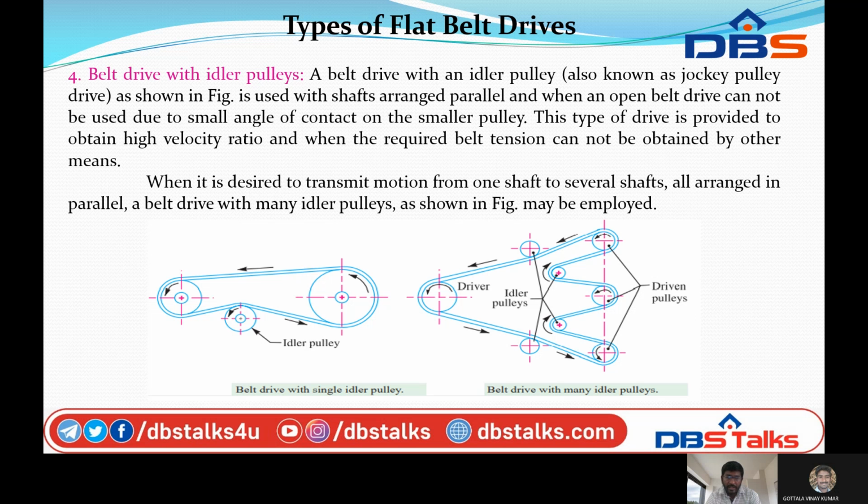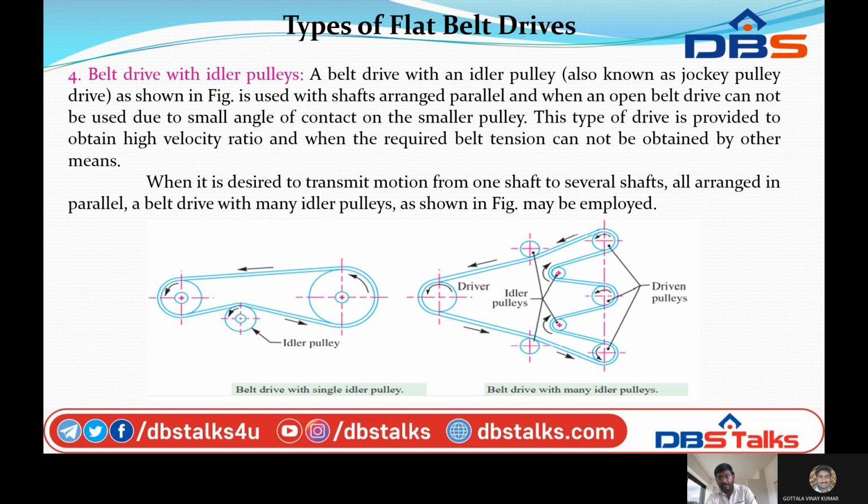So this will also rotate in the same direction. When it is designed to transmit motion from one shaft to several shafts, all arranged in parallel, a belt drive with many idler pulleys, as shown in the figure, may be employed. So by using a single pulley, this will be arranged like this. So belt drives with many idler pulleys.